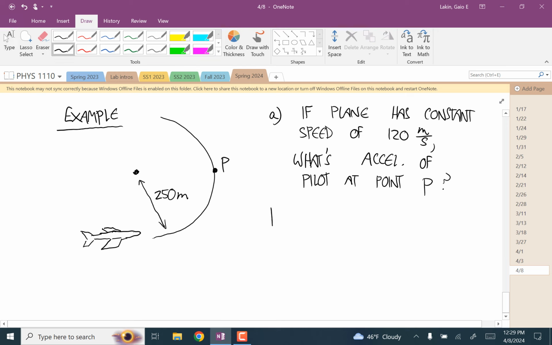And then let's calculate the net force on the pilot. Let's instead calculate the force applied to the pilot by the back of the chair and the force applied by the seat of the chair.